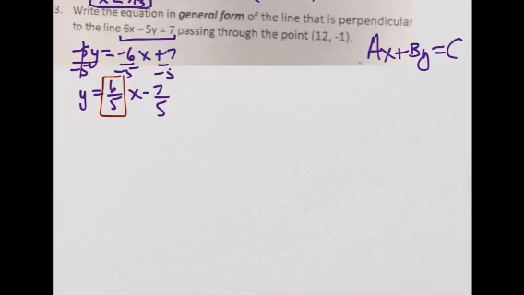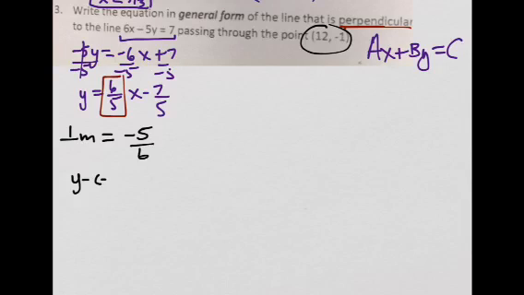Okay? When they want the perpendicular, you have to take the opposite and reciprocal of that 6 over 5. So the perpendicular slope is going to be negative 5 over 6. The new line has to pass through this point. So I'll start off by writing it in point slope form, which is y minus y sub 1 equals the slope times x minus x sub 1.